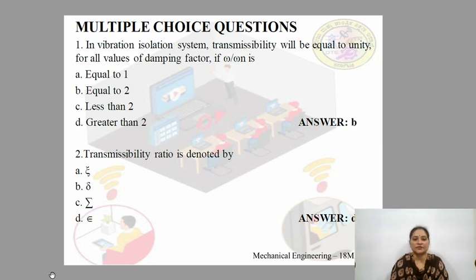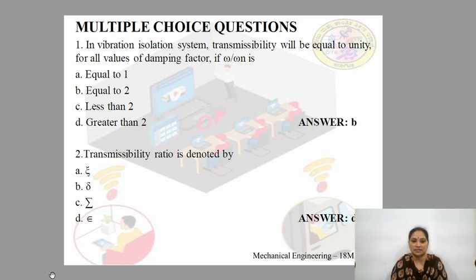Let us discuss a few multiple choice questions on the topics we discussed. The first question is: in a vibration isolation system, transmissibility will be equal to unity for all values of damping factor if omega by omega n is, options given are: A, equal to 1; B, equal to 2; C, less than 2; D, greater than 2.